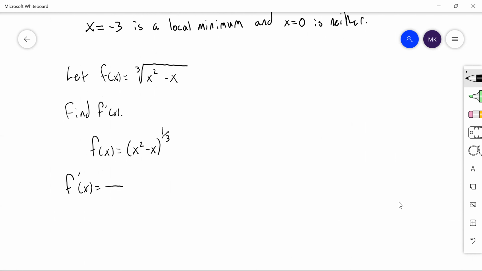And so the derivative, we get 1/3 times x squared minus x raised to the 2/3, then times quantity 2x minus 1.